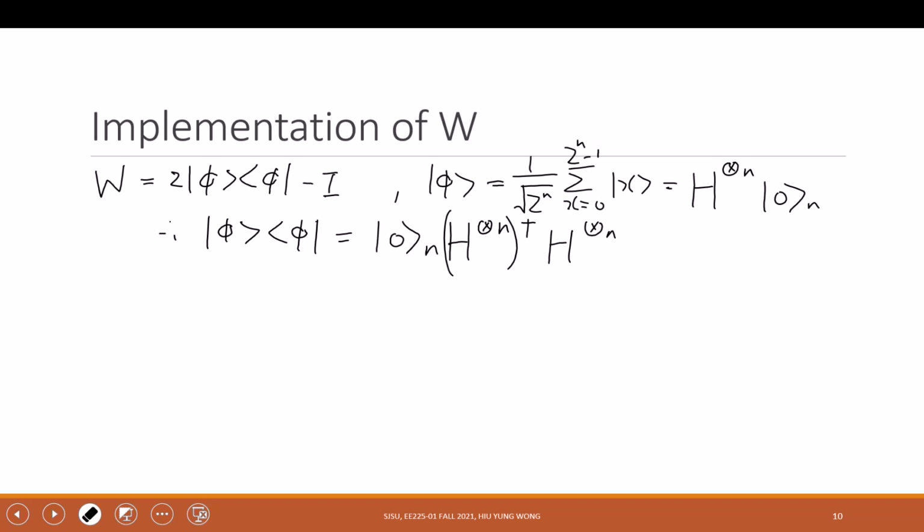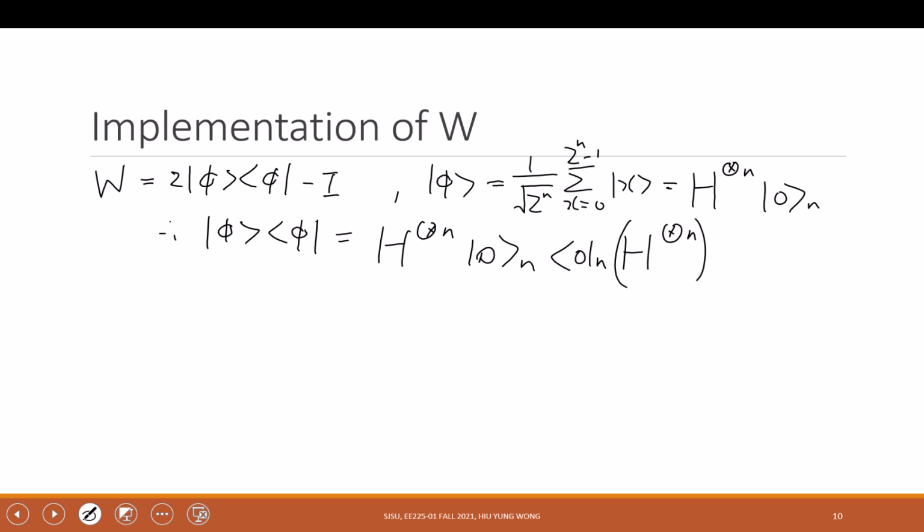Sorry. What is the ket? The ket is this, right? Correct. And what is the bra version of it? Is this, right? Do you remember this?